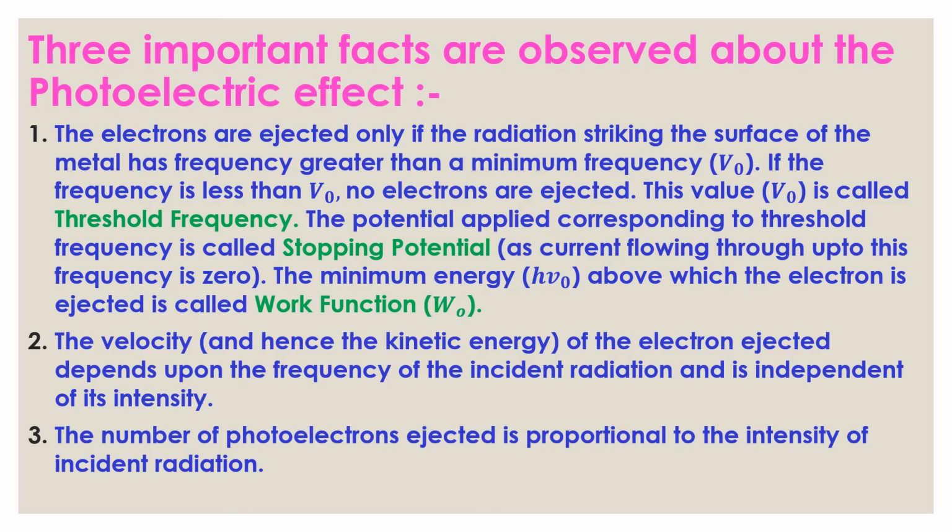But we have just discussed that the velocity of the electron ejected depends only upon the frequency of incident radiation, and it is independent of its intensity. So these two important phenomena, black body radiation and photoelectric effect, are the limitations where electromagnetic wave theory failed to explain these facts. I hope this is clear to all of you.